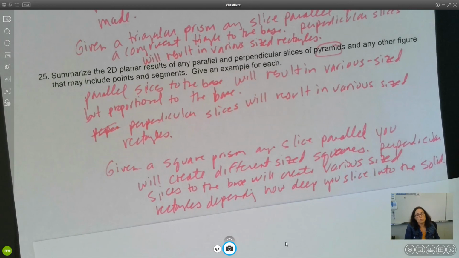Okay, those two, sorry, they're kind of messy. Those two are kind of the nutshells of prisms and pyramids, parallel and perpendicular slices you need to understand to the base. Thanks, guys.